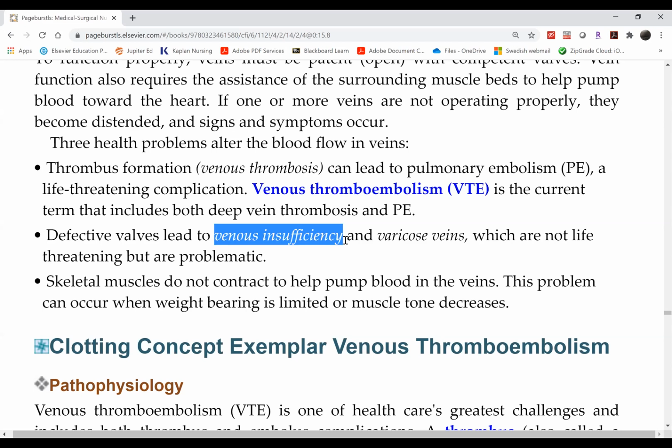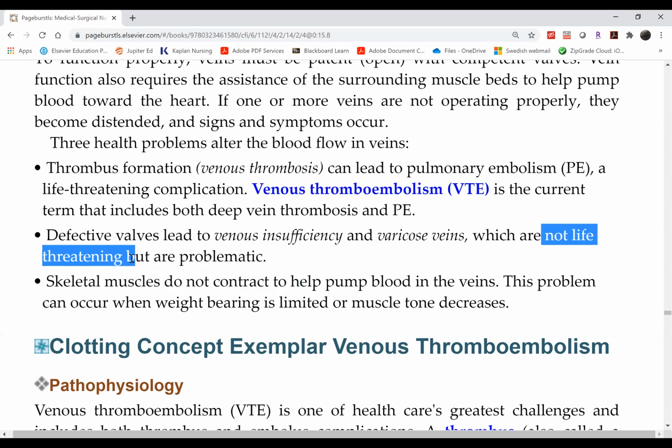And as stated here, though they're not life-threatening, these ulcers that result from venous insufficiency are quite nasty. You don't die from venous insufficiency, but you may die from the ulcers that may become septic because they frequently get infected. These are chronic wounds, like I said.